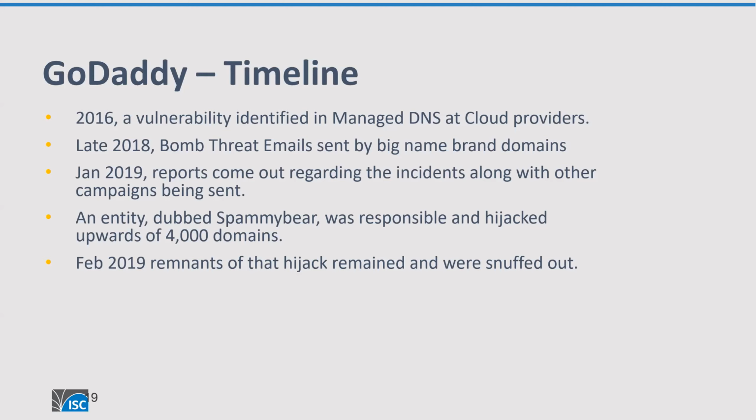Ars Technica and Brian Krebs wrote up articles talking about these bomb threat emails, and this is also where RFG identified it looked like a Russian group that they dubbed Spammy Bear was responsible and hijacked over 4,000 domains, and they were using them for all sorts of things, not just bomb threats.